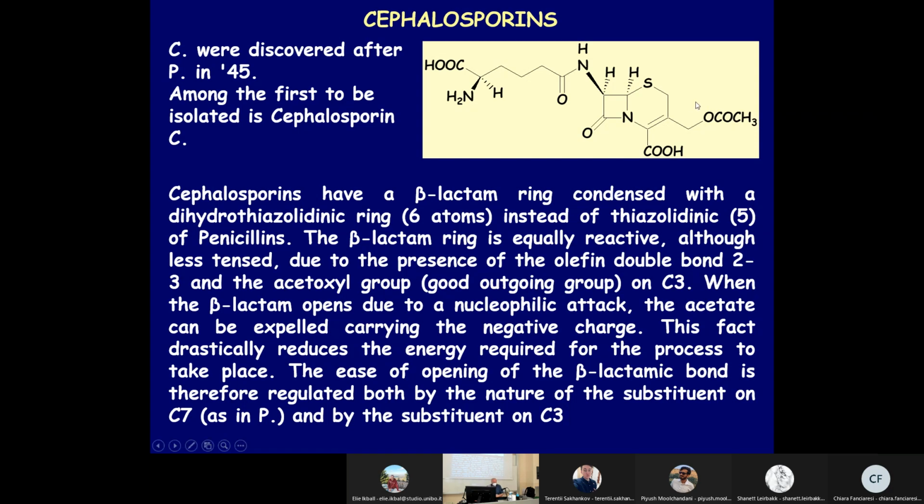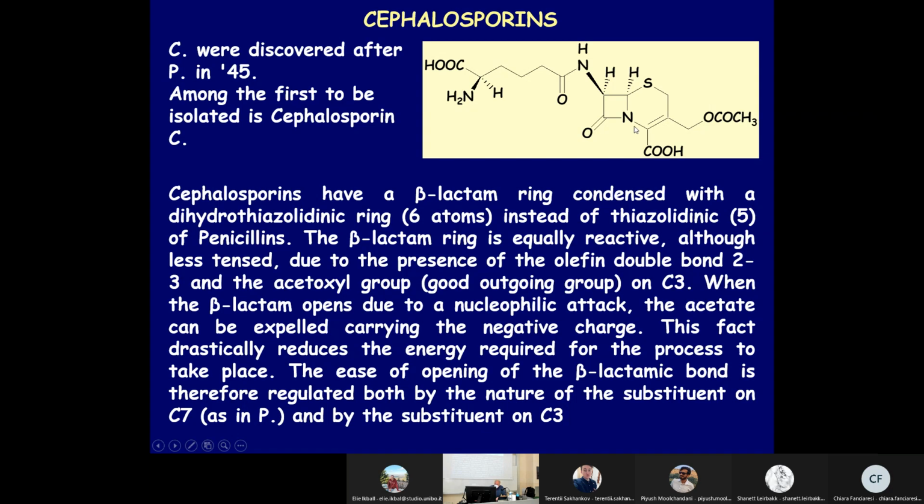The last time I showed you the model of the cephalosporins, and in this case the 2 rings are on the same plane, and if you remember the penicillin, the situation is quite different because the 2 rings are almost perpendicular.